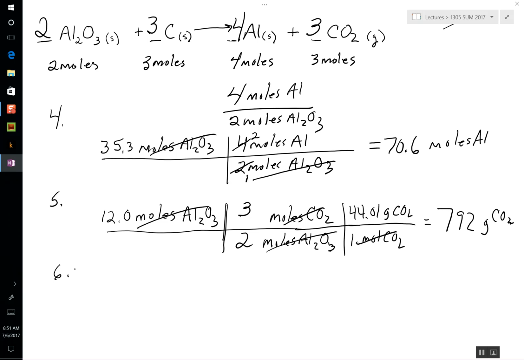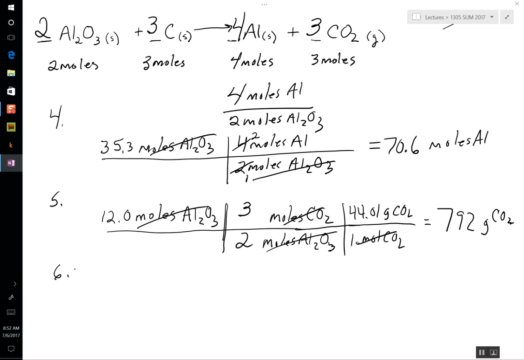All right, so I want to go from grams of carbon to eventually grams of aluminum. But the only relationship I know, looking at that equation, is the molar relationship.